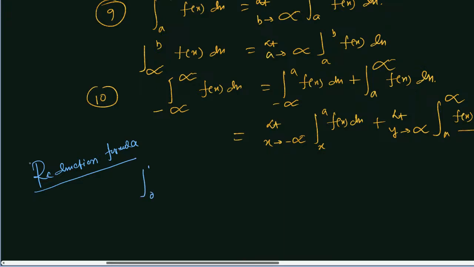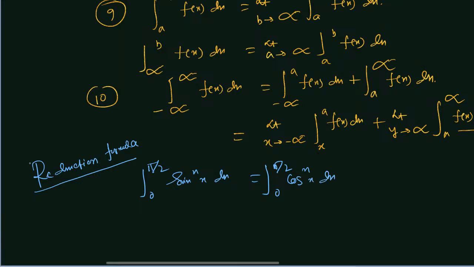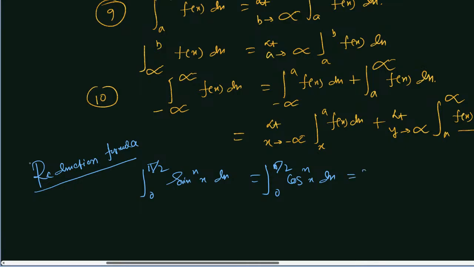Integral from 0 to pi by 2 of sine to the power n x dx, or integral from 0 to pi by 2 of cos to the power n x dx, this is going to be (n minus 1) by n, remember the result, (n minus 3) by (n minus 2), into half into pi by 2 if n is even.